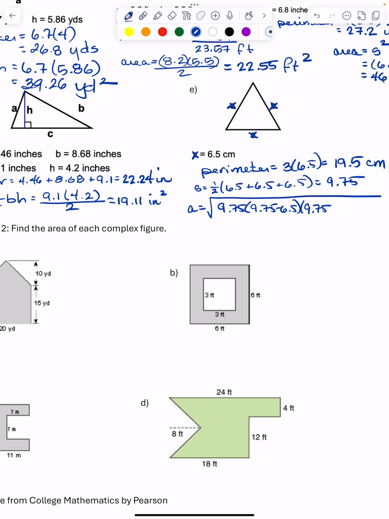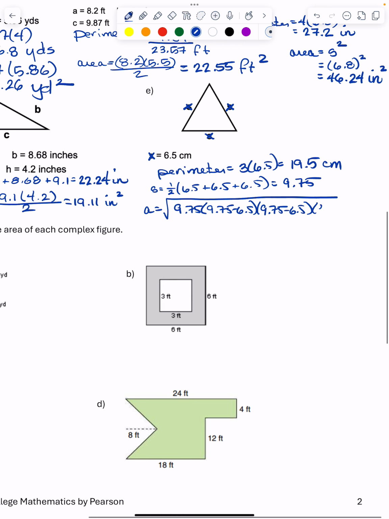There's my side A. There's my side B. And there's my side C. So give you a minute to write that down.